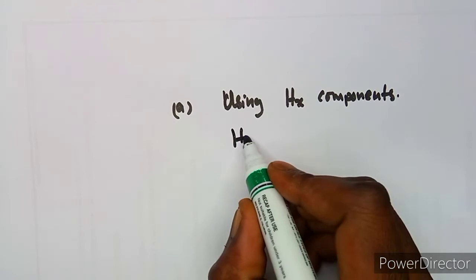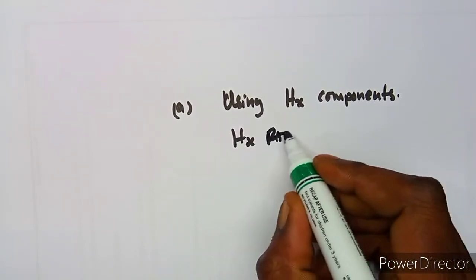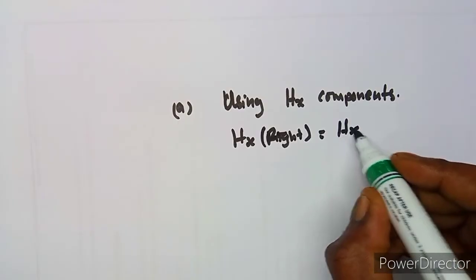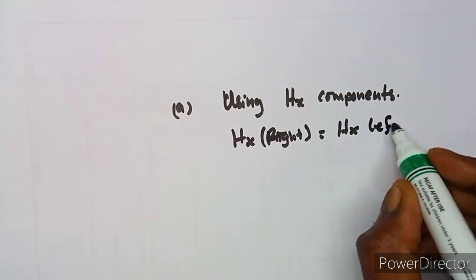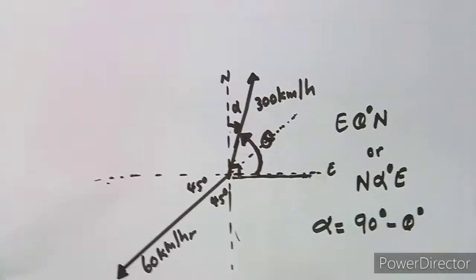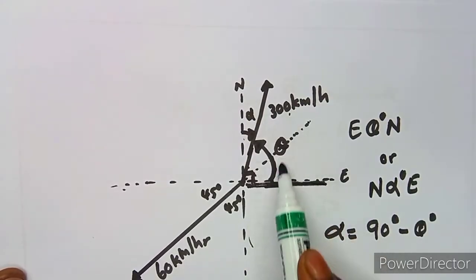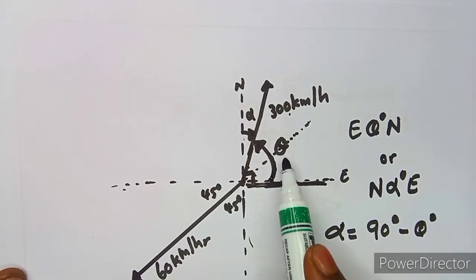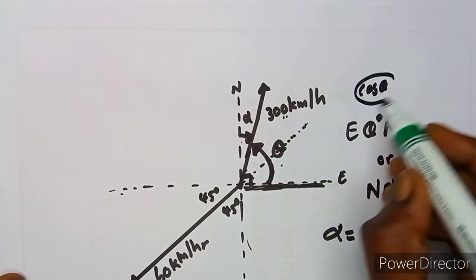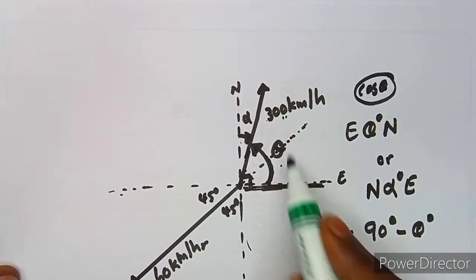So hx to the right is equal to hx to the left. On the right side, the horizontal component is 300 cos theta, because there's an angle of theta here. Remember, horizontal always carries cos theta. I talked about this before. So it's going to be 300 cos theta.